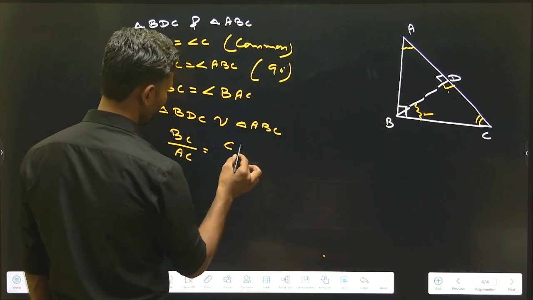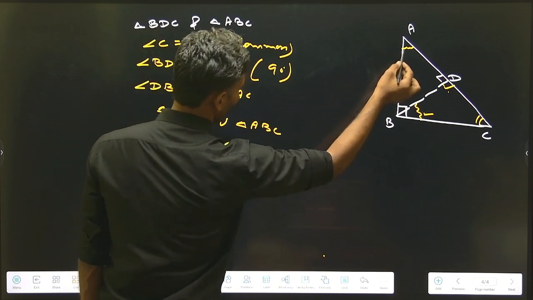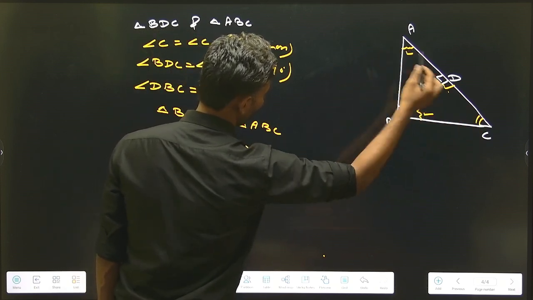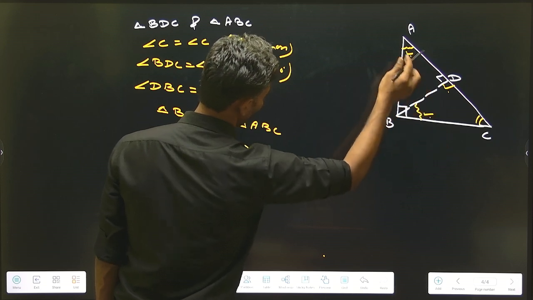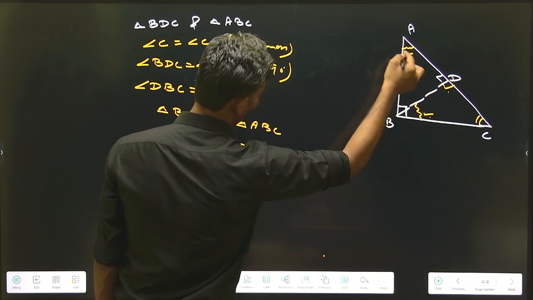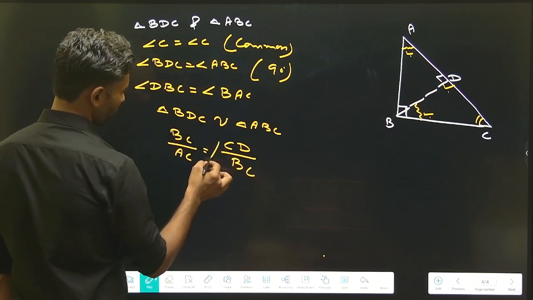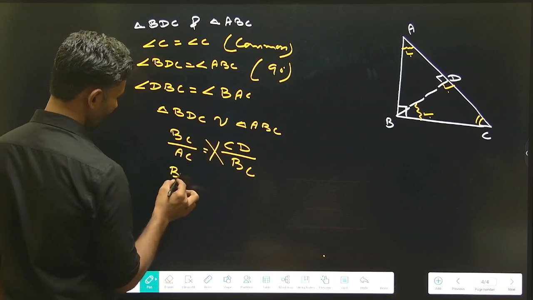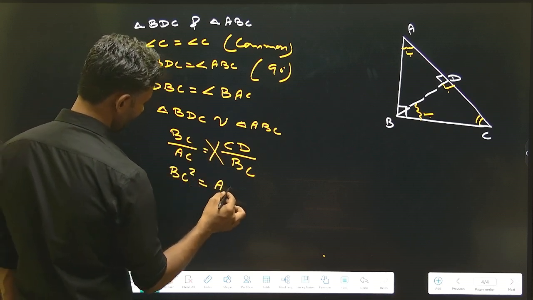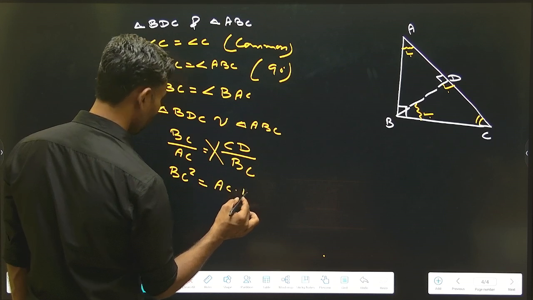So CD upon, in triangle ABC, the side opposite to this angle A is BC. Now after cross multiplication, we get BC square equals AC into CD.